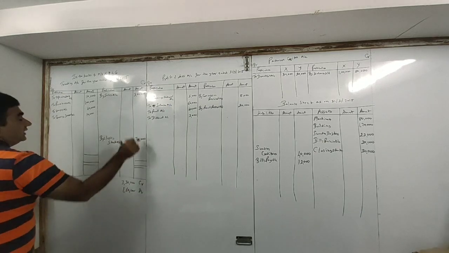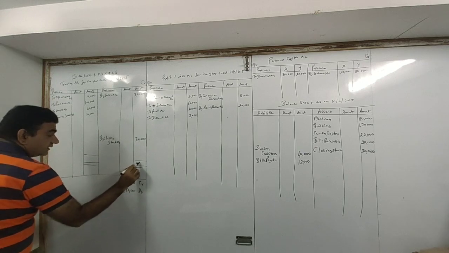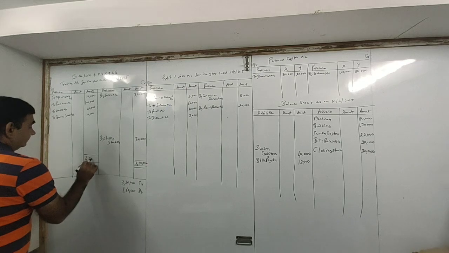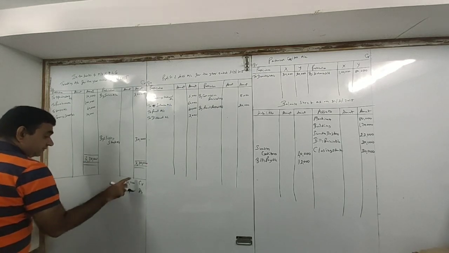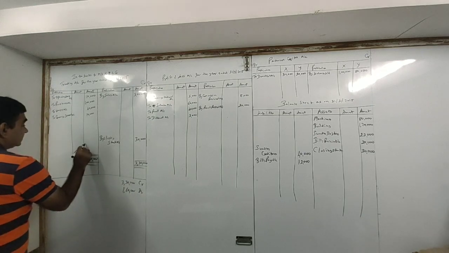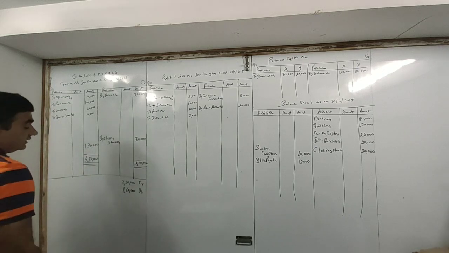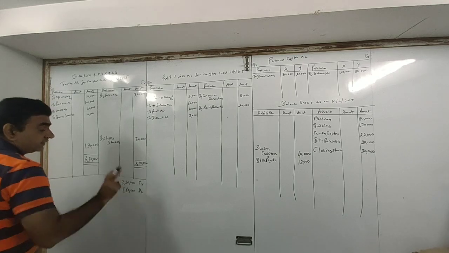Okay, 330, 110, 160. Which is greater? 330. So 330 को दोनों साइड लिख दो. Debit side का total is 160. So 330 minus 160. Take the difference. That is 170. 330 minus 160, 170.